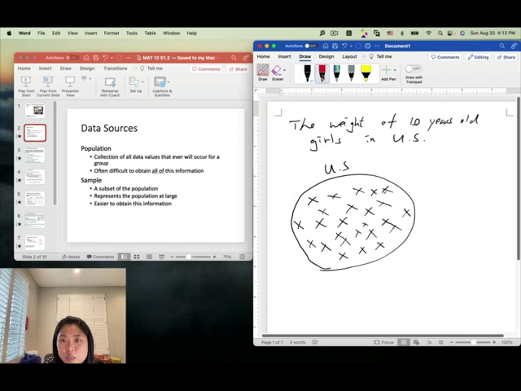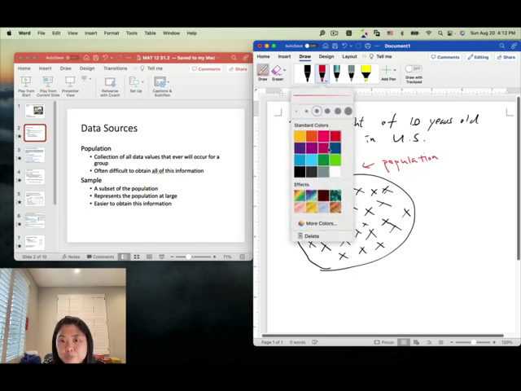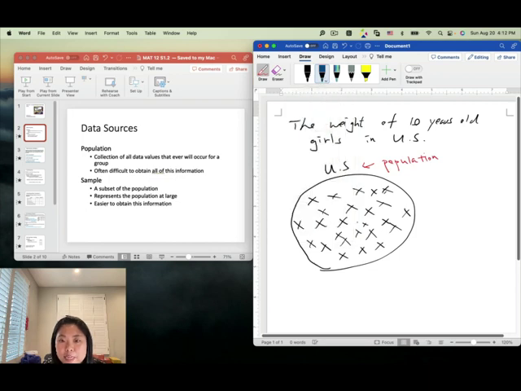So we call this part my population. All the 10 years old girls in the United States, we call this the population. Since we want to collect all those data, what are we going to do? We will get the sample from here. We could have different sampling methods.